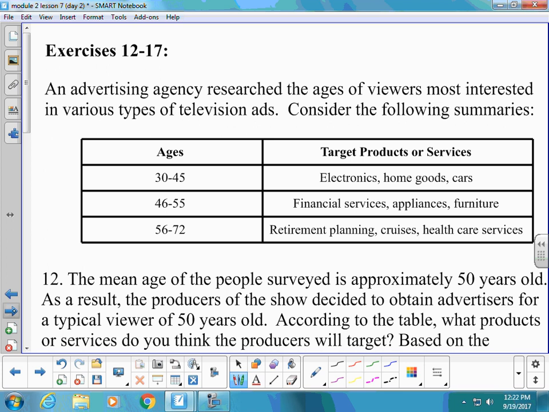Okay, exercises 12 through 17. It says an advertising agency researched the ages of viewers most interested in various types of television ads. Consider the following summaries.